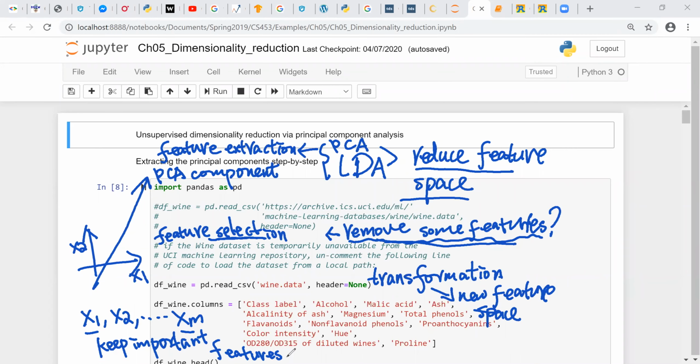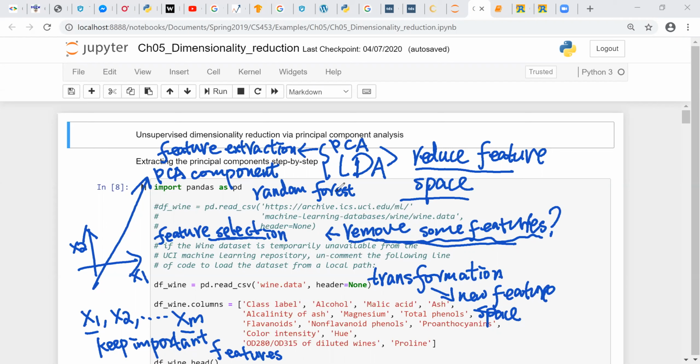So through that feature importance, you select important features and you filter out the rest. You remember we applied random forest. Using random forest, you can select the importance of features.